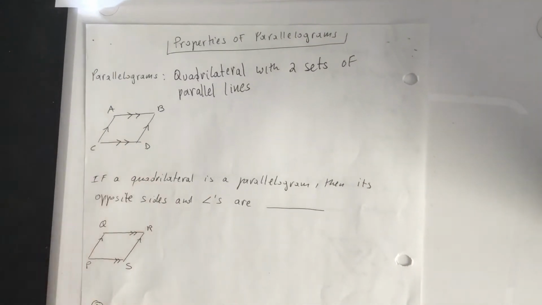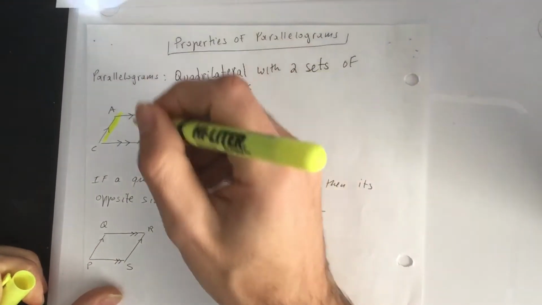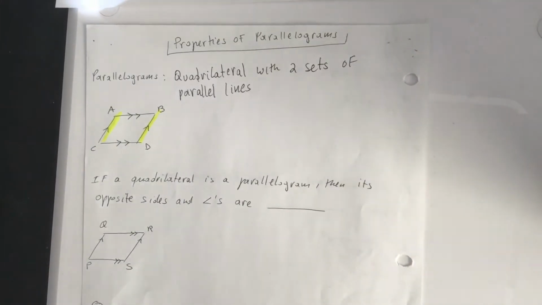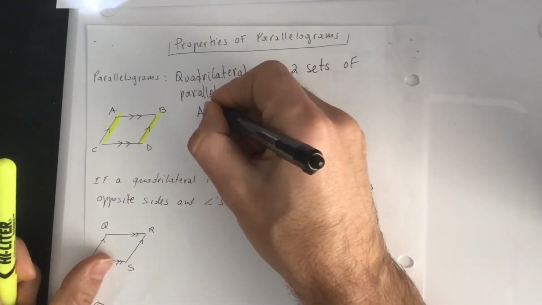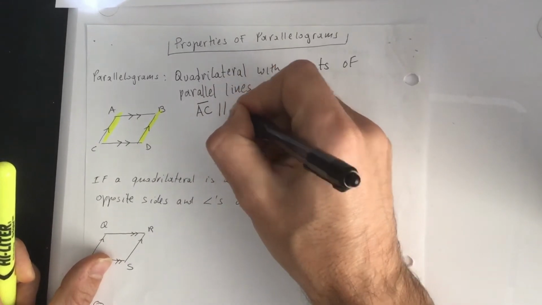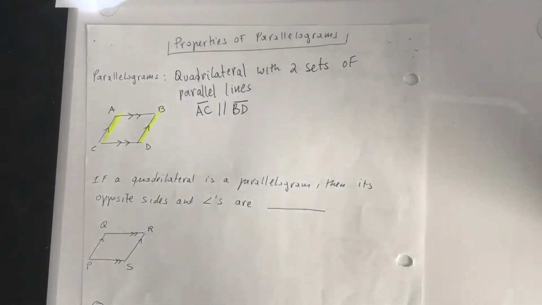So that means, guys, that this side AC and BD are parallel to each other. So AC is parallel to BD. Let me use the color here.